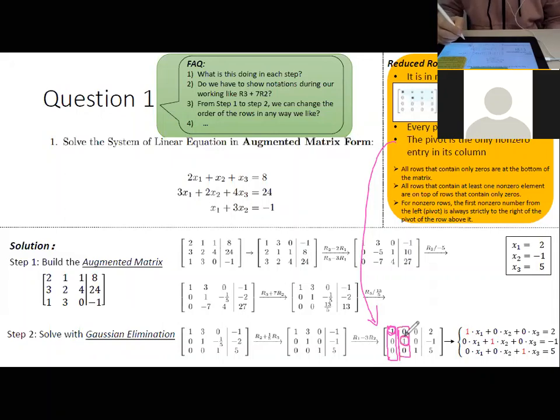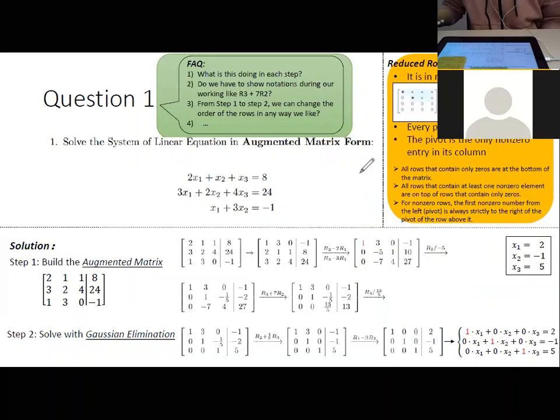And we can see this is the only non-zero element. Then we move to the third column. This is the pivot. And we can see this is the only non-zero element. And as for the fourth column, since there is no pivot here, this point is not applicable for the fourth column.